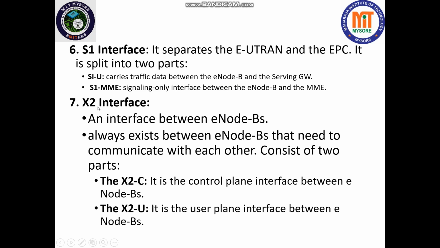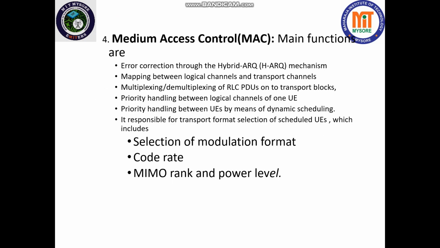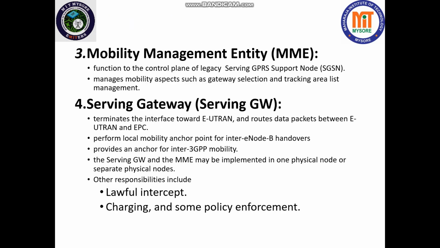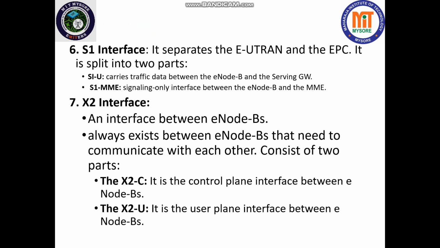Next is X2 interface. This X2 interface is between eNode Bs. It is again having two functionalities. First is X2C.